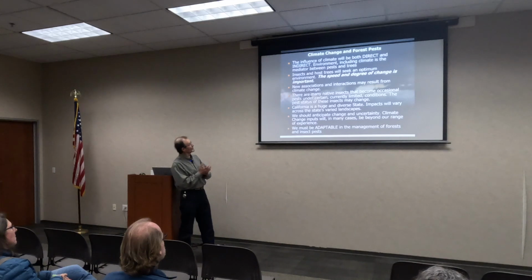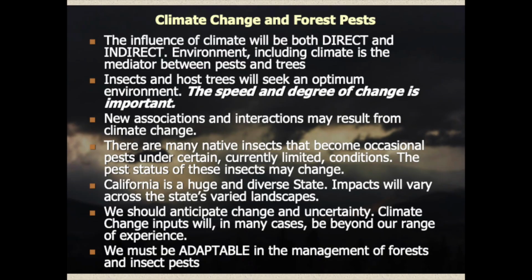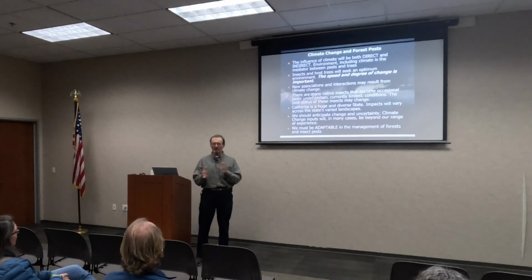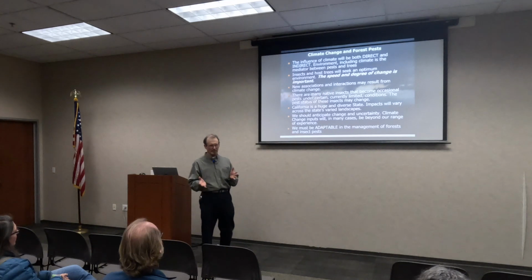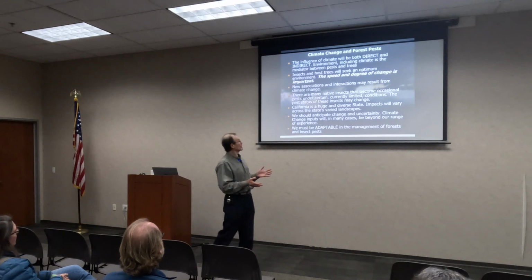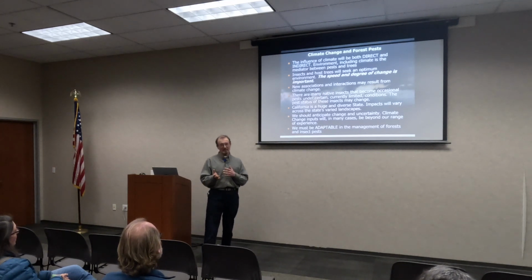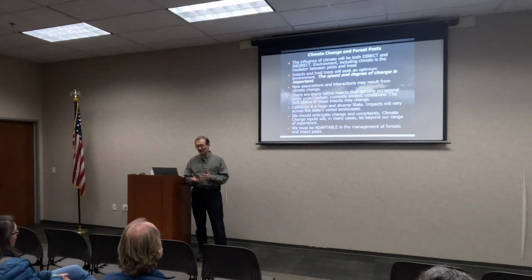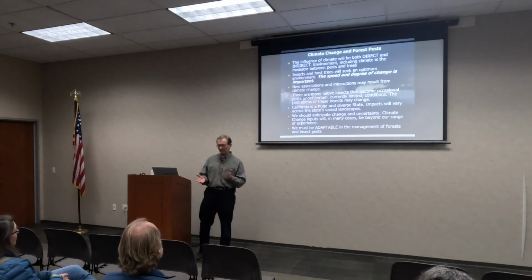The problem with this interaction, though, is that if the environment changes, if global warming gets worse, things have to adapt. The environment that they're living in is no longer optimal, perhaps. And so insects have a much better ability to adapt than trees do, right?